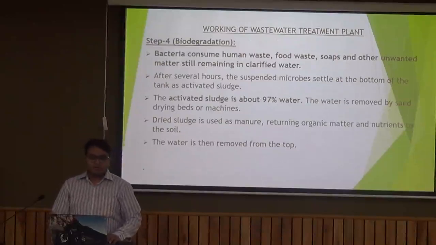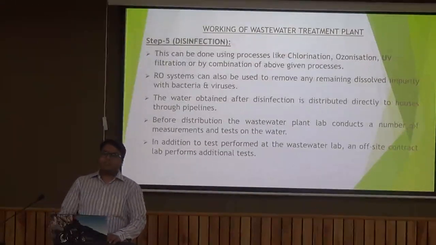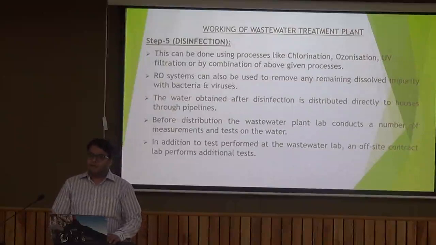Bacteria consume human waste, food waste, soap and other impurities which are still present in the clarified water, although in various plants this step is not included. They end on the previous step. Then we have disinfection. On a large scale it is done by using various UV filters, RO filters and by adding chemicals and ozone.